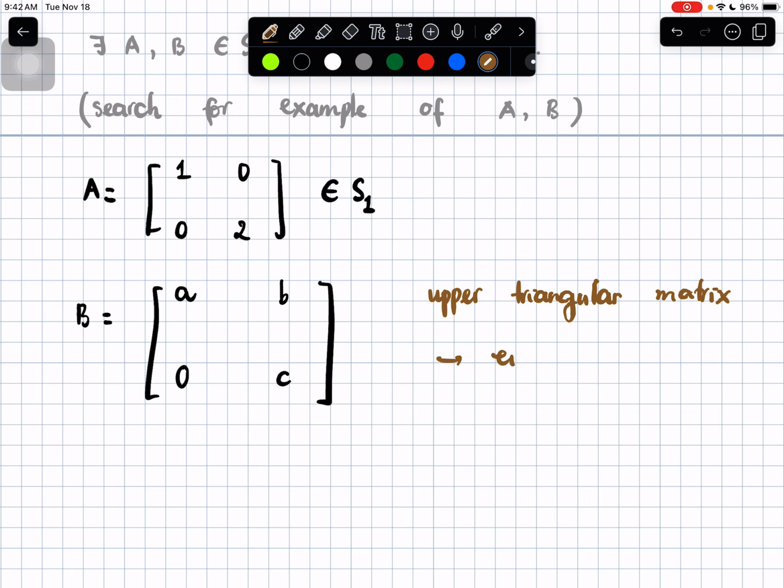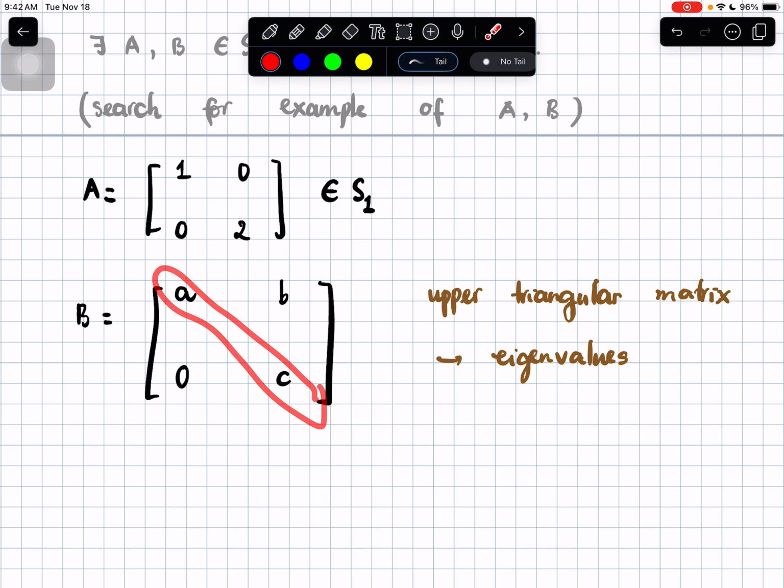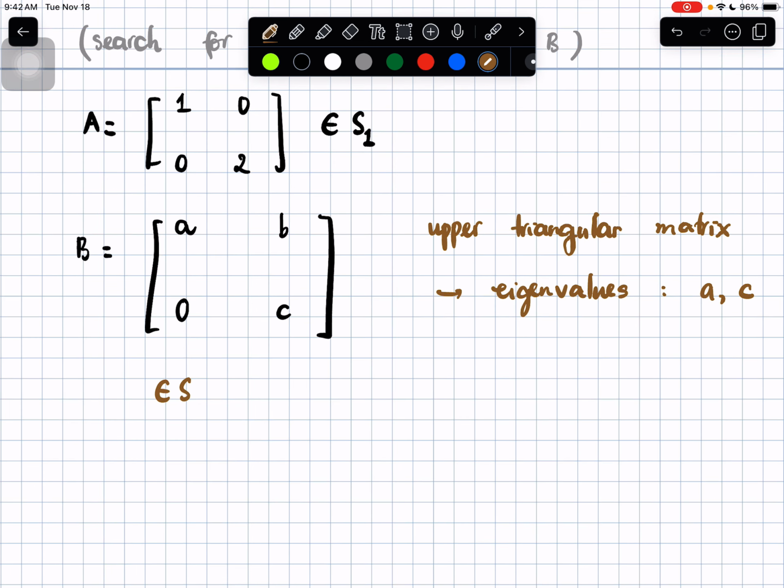The eigenvalues can be seen directly from the diagonal of the matrix, in our case A and C. And we want B to be in S1. And we have a theorem saying that if the eigenvalues are distinct, then the matrix is diagonalizable.